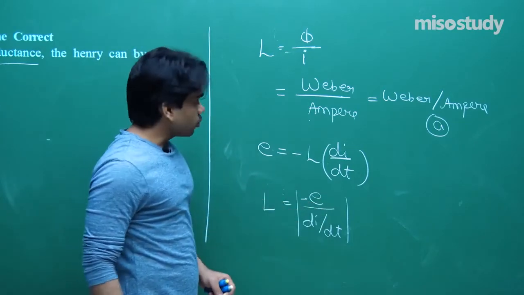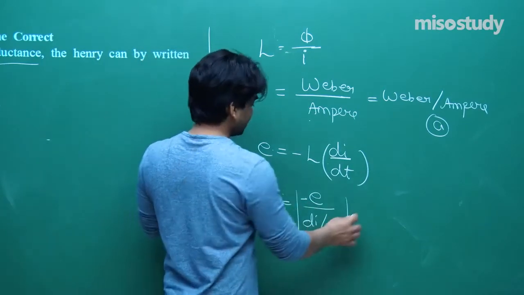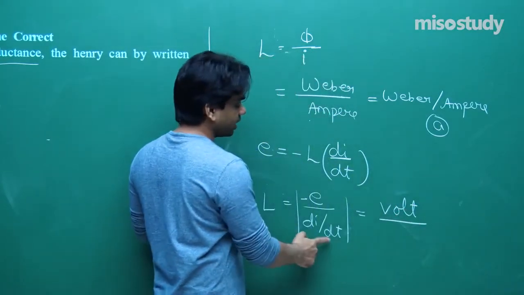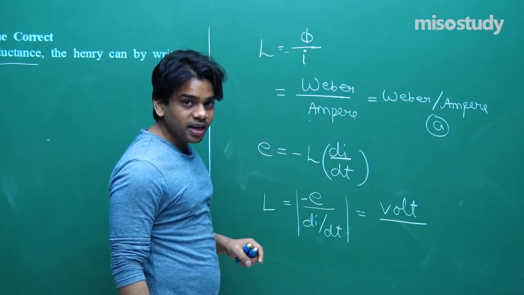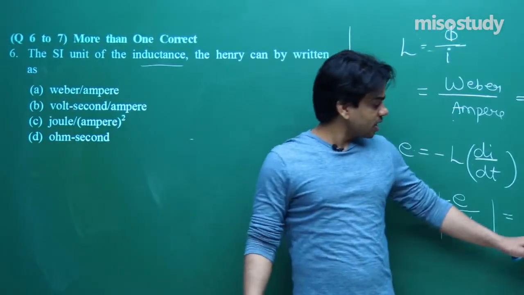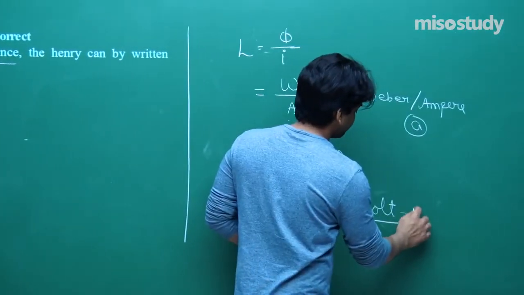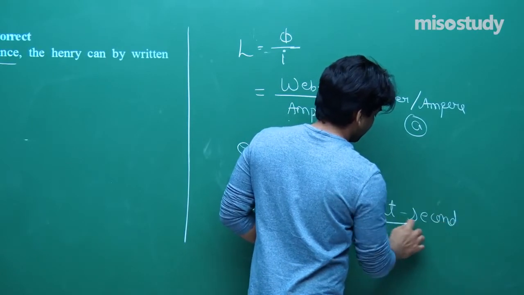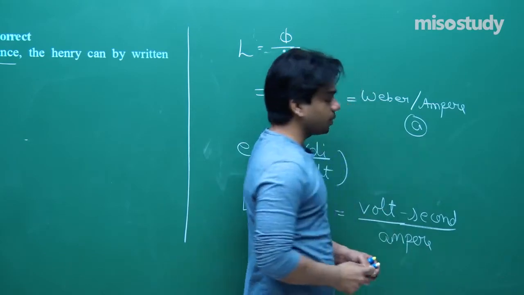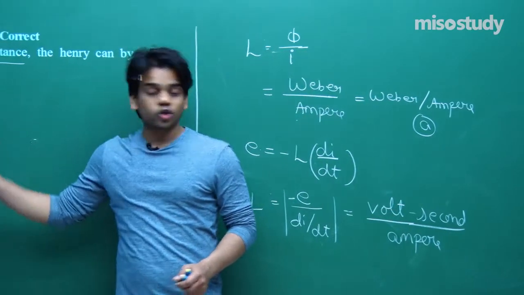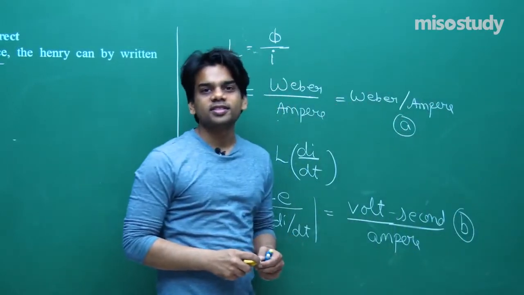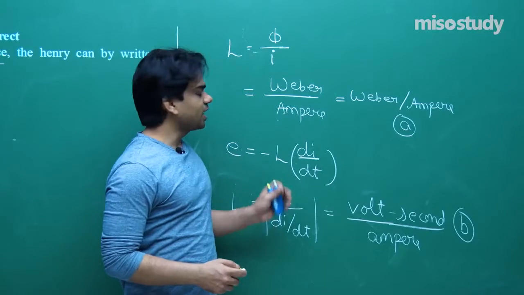E is potential difference, so its unit is volt, and di by dt is current per unit time, so time comes in the numerator: volt second per ampere. Option B, volt second per ampere, is also matching, so option B is also a correct response.